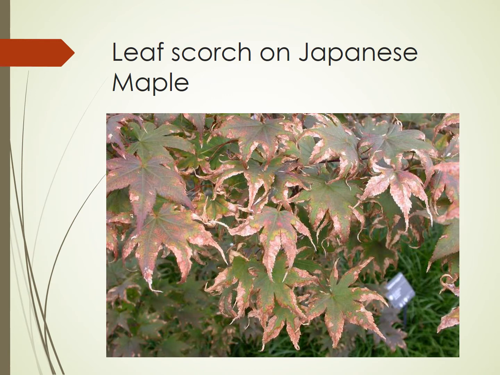There's obviously dead tissue along the margin, so this is what we call leaf scorch. And this is one indication that perhaps your plants aren't getting enough water, or possibly you took a plant that preferred to grow in the shade and put it in a full sun location. Leaf scorch can occur under both those different scenarios.